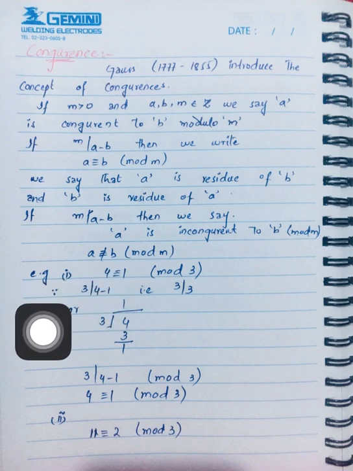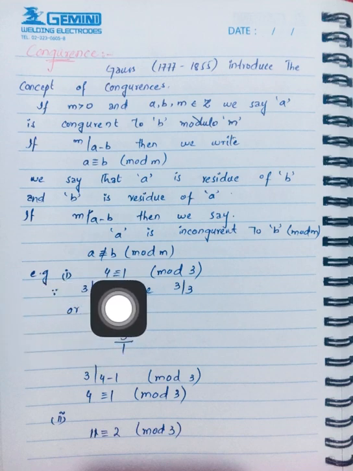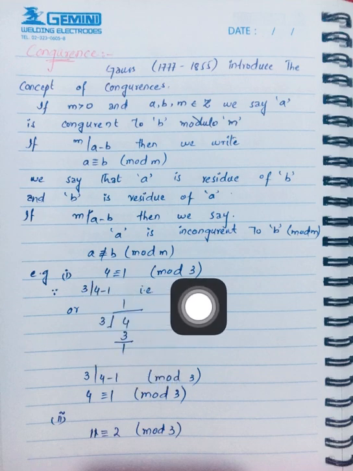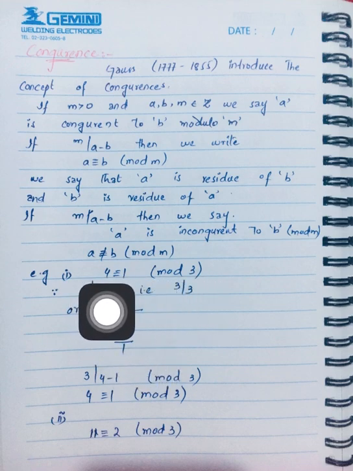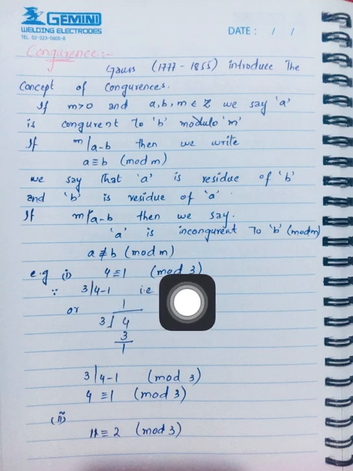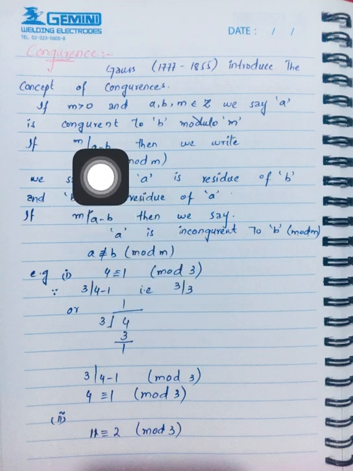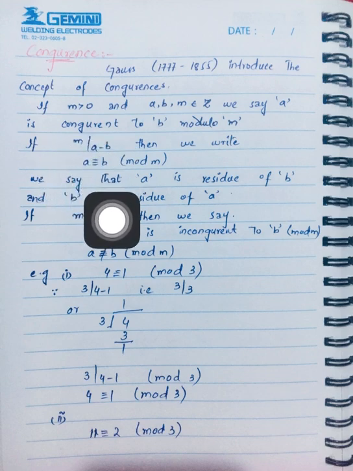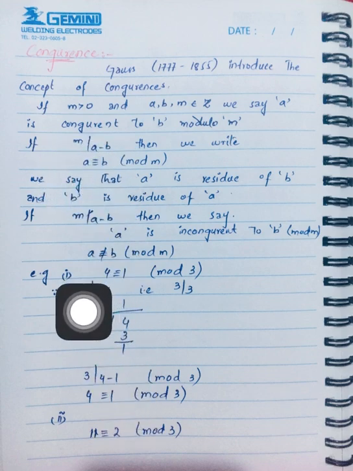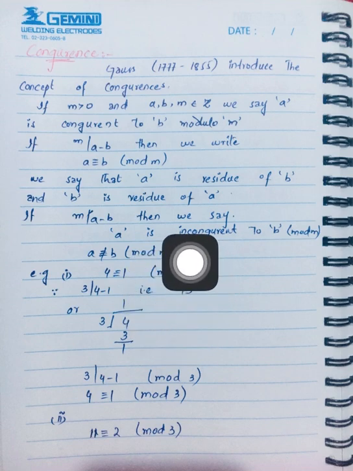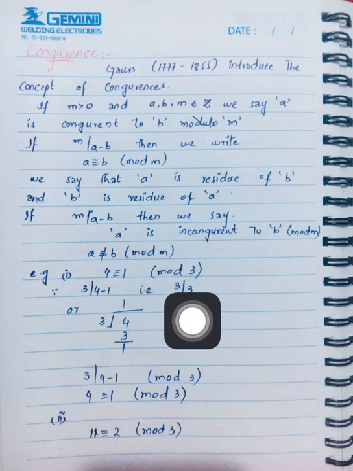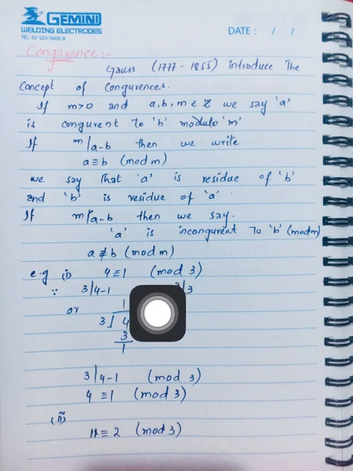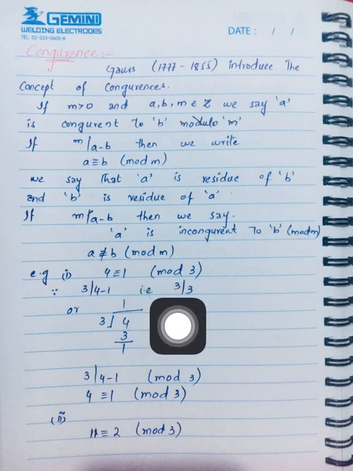Here I take the example of 4 in modulo 3. That means 4 is congruent to 1 in modulo 3. By applying this definition, that means 3 divides 4 minus 1, so 3 divides 3. This condition holds by the definition of divisibility. This is a true statement, that 3 always divides 3.